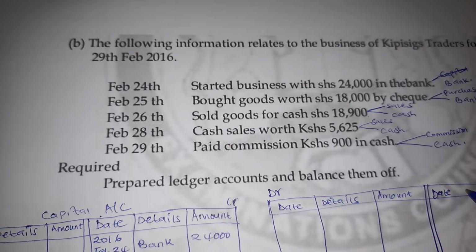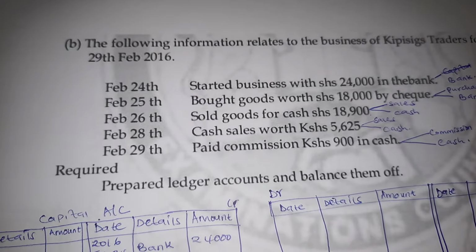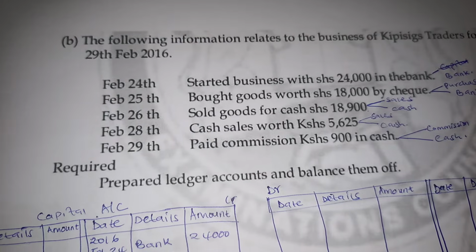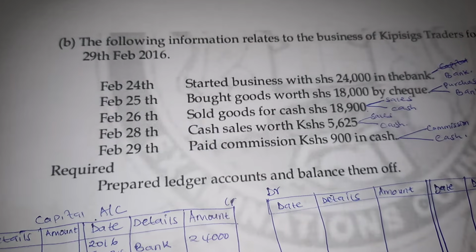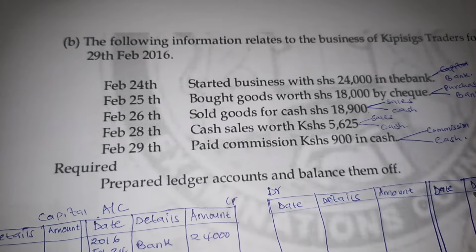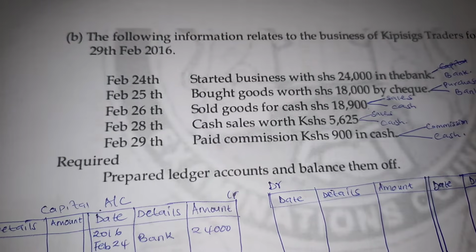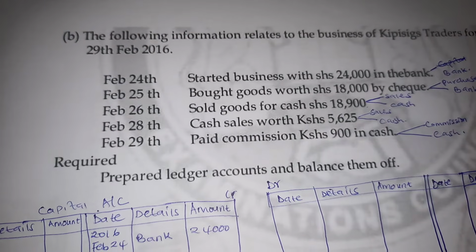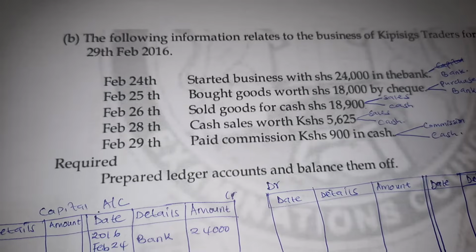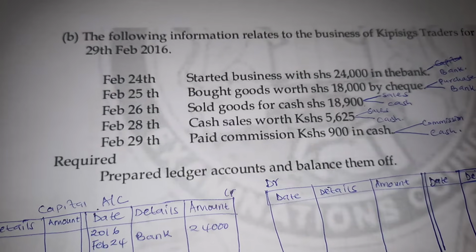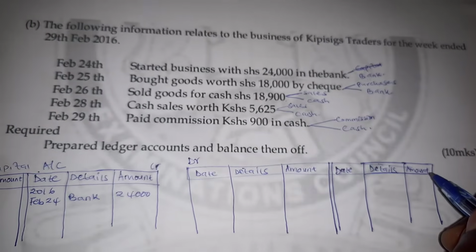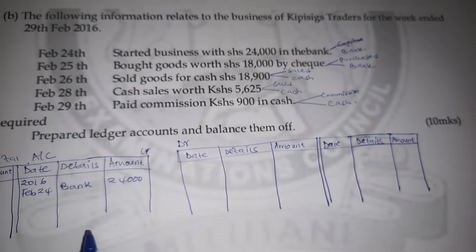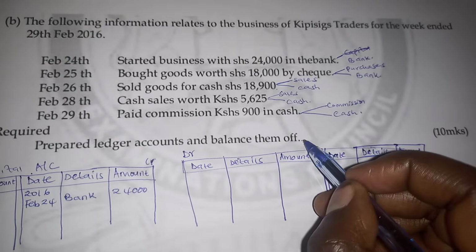Then the same again on the credit side: the date, details, and finally the amount. So this is the bank account.